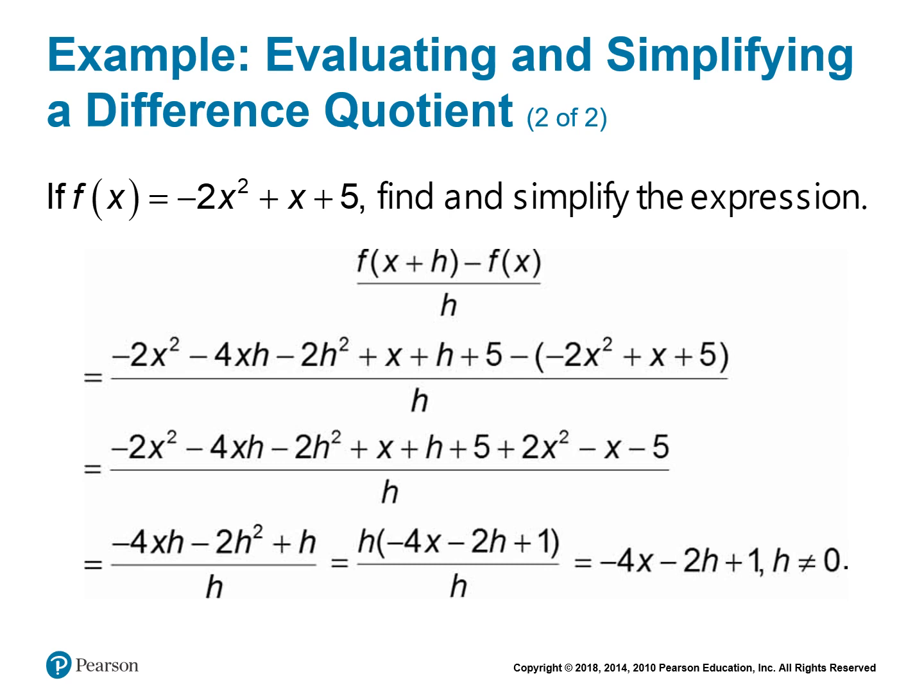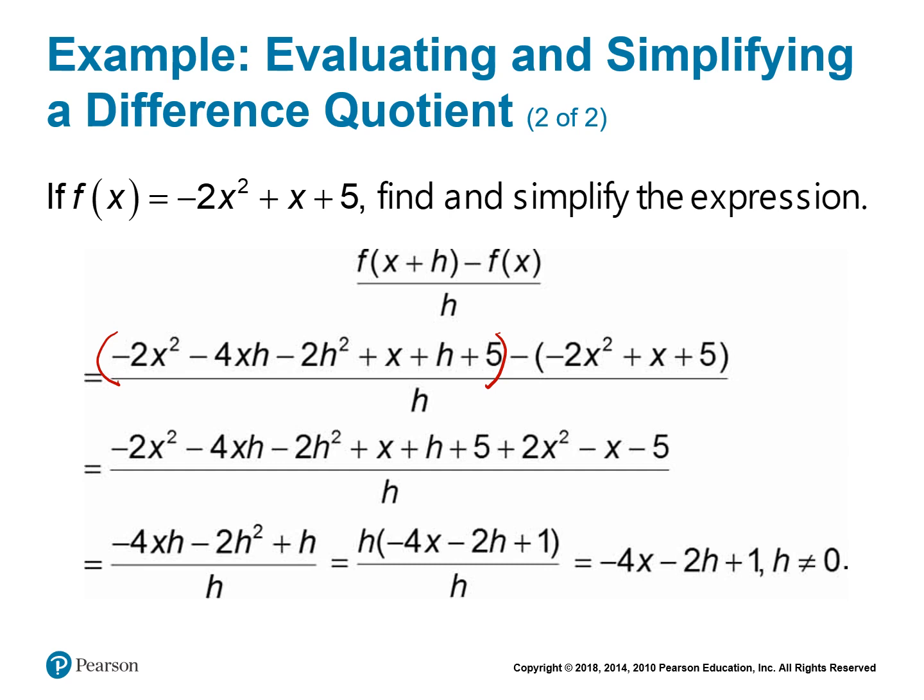So this is the second part of the evaluation. Our expression, the difference quotient, is f of x plus h minus f of x divided by h. So f of x plus h we evaluated. We came up with a 6-term expression in the previous slide, which was minus 2x squared minus 4xh minus 2h squared plus x plus h plus 5. Let me just use my pen here and surround it in brackets.